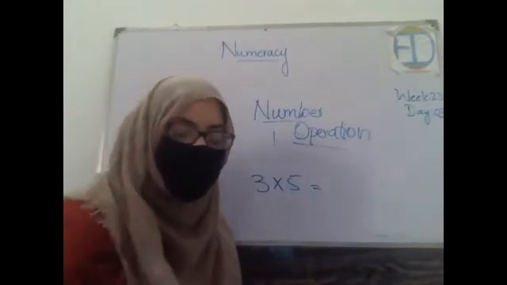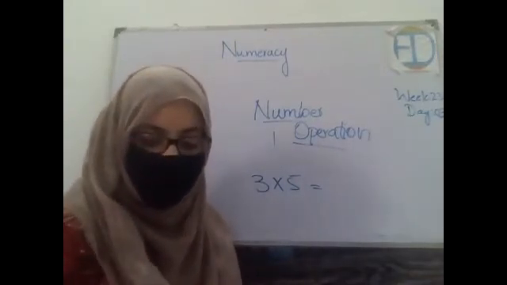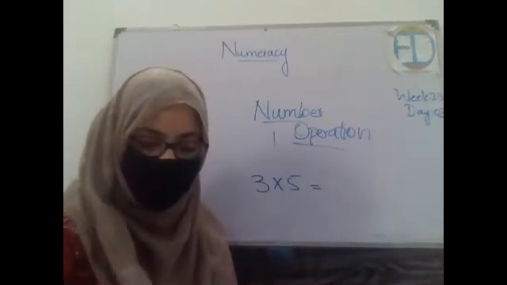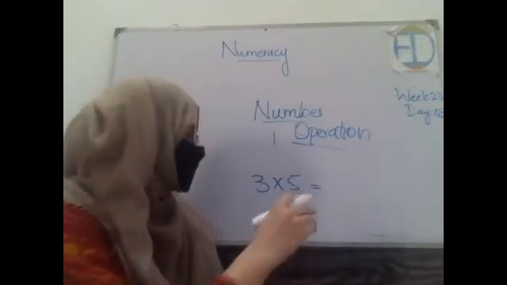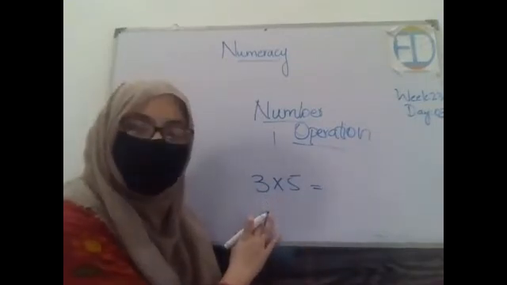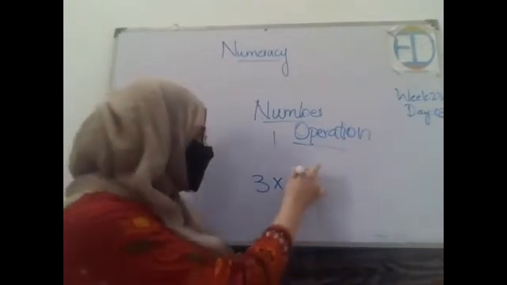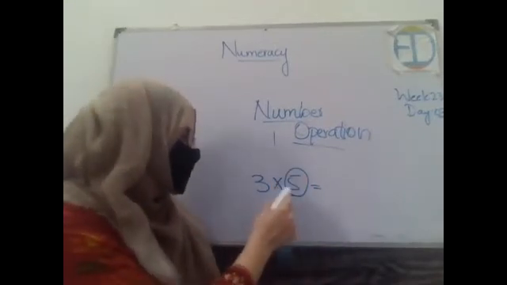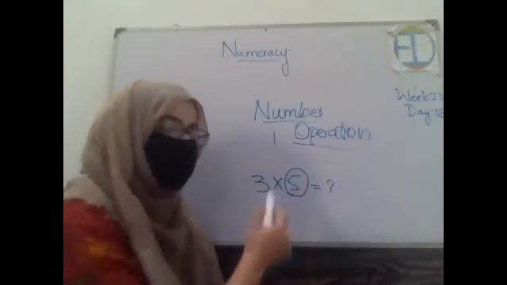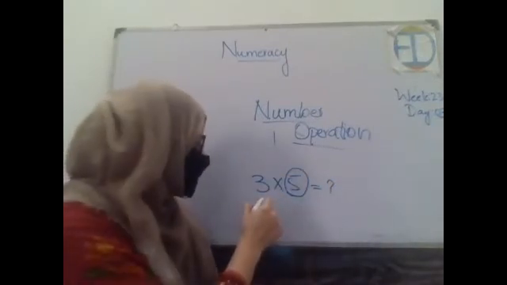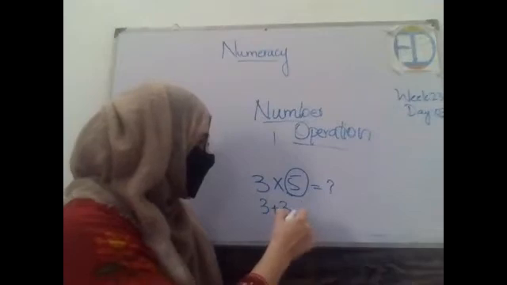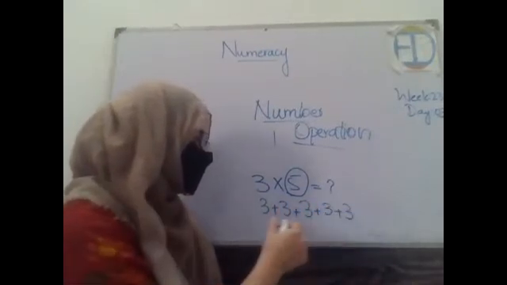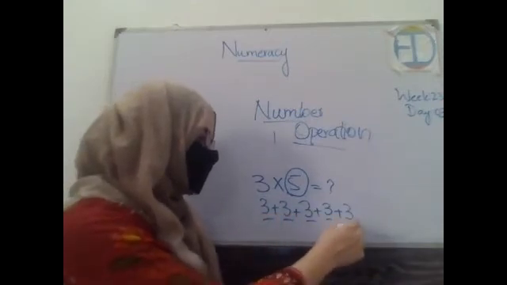So in order to know the answer of 3 times 5, you are supposed to add 3 into itself how many times? 5 times, right? 1, 2, 3, 4, 5.